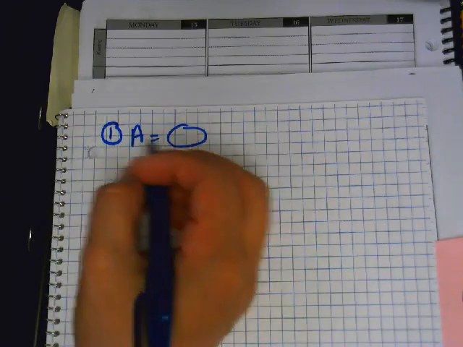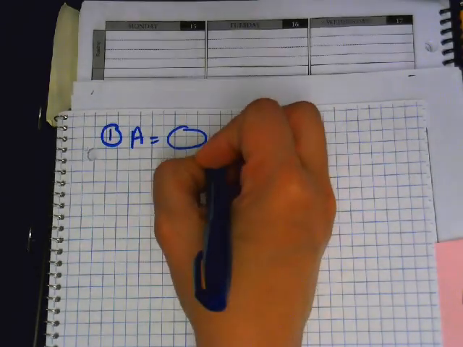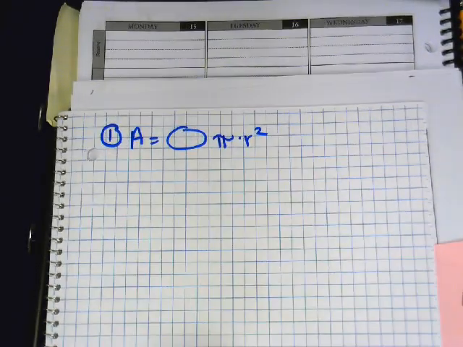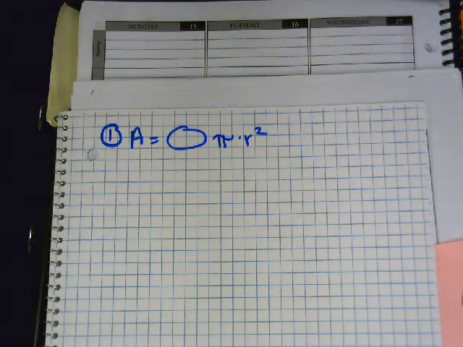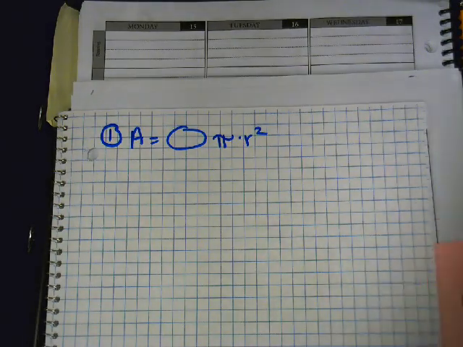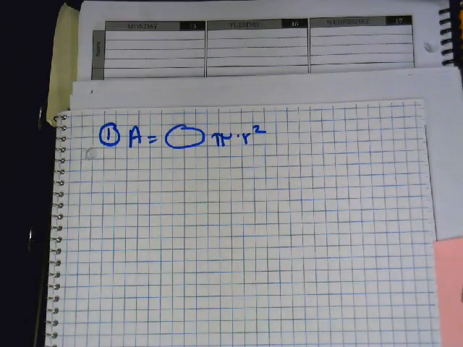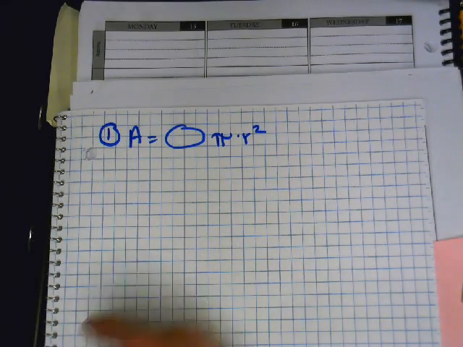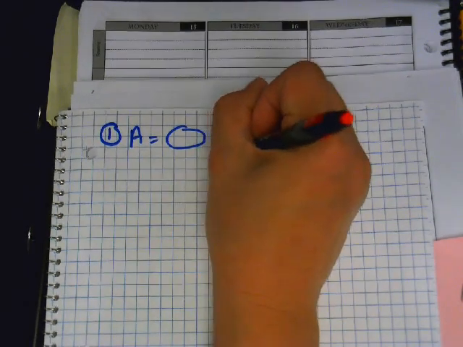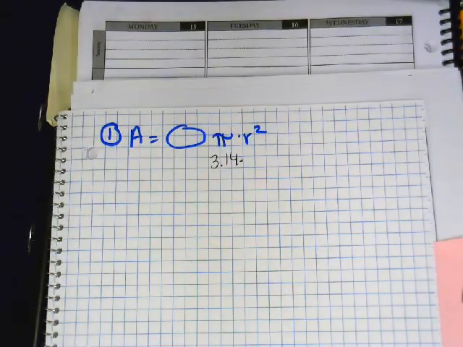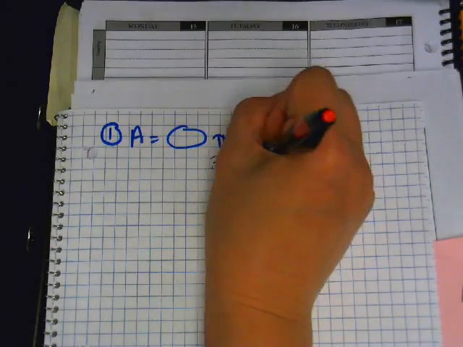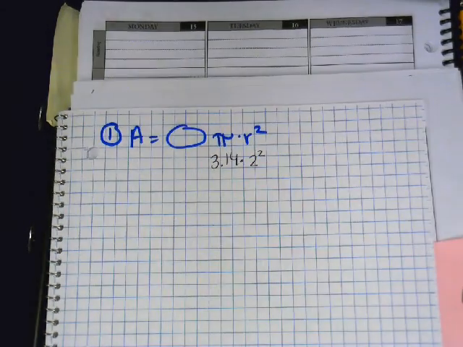All right, area of a circle is pi times radius squared, right? It was on the do now. We've done it a couple times already in the notes. Okay, looking at number 1. What is pi? 3.14. What is our radius? Okay.